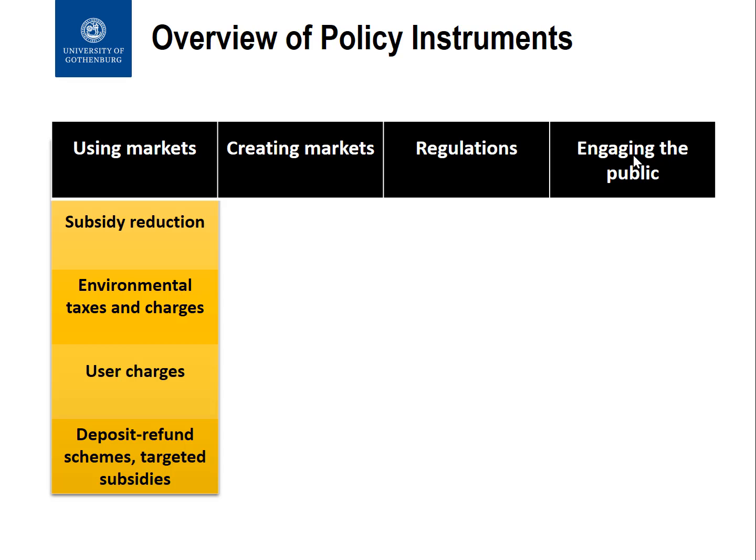And deposit refund schemes impose a surcharge on a product when you buy it, but you get a rebate when the product is returned. Targeted subsidies could be subsidies for clean technologies, for example. So basically we say that in general, all these instruments use markets in the sense that they can adjust prices on the market to internalize the externality.